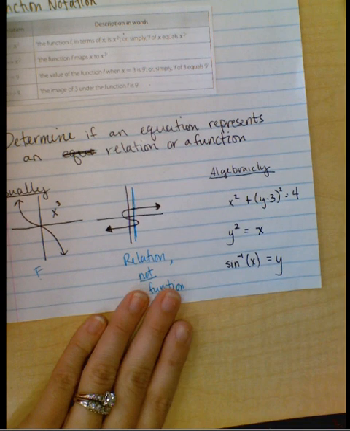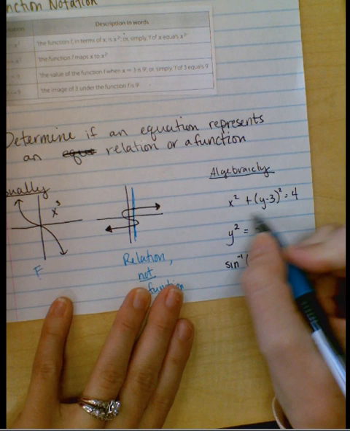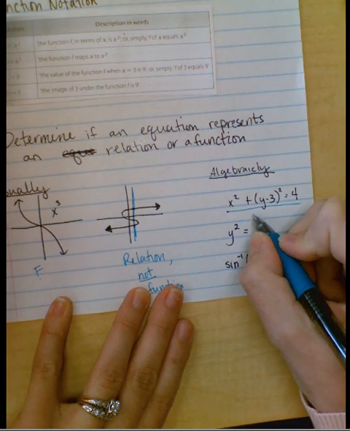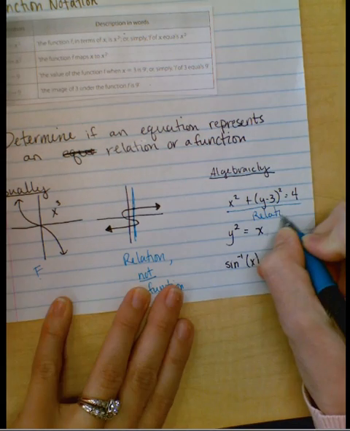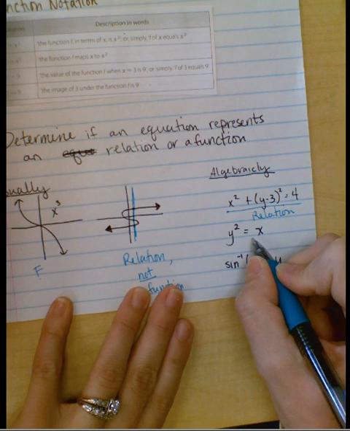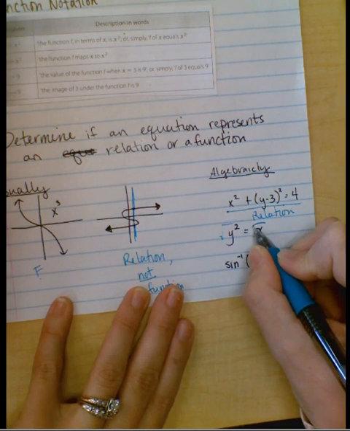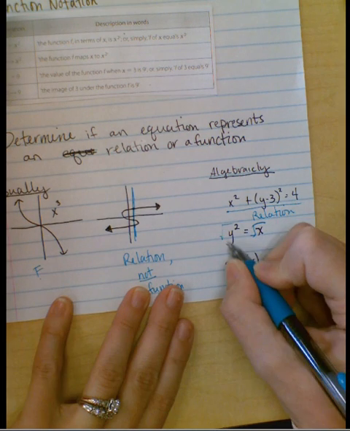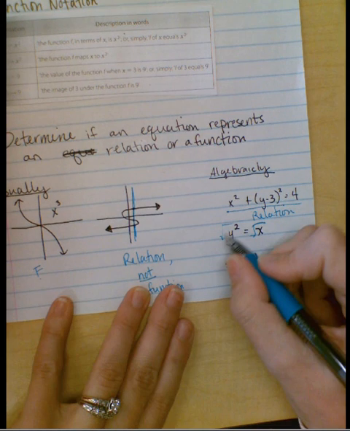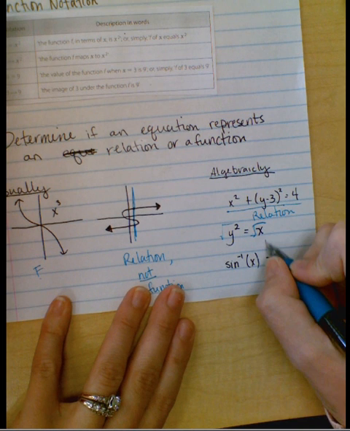Algebraically, we can recognize things to be functions or not based upon kind of what we're looking at here. So this one is the equation of a circle. Circles are never functions. So this is a relation. This one right here, y squared equals x. So if I were going to square root both sides, I would see that I got a plus or minus here, so 2 outputs. So unless you do domain restrictions on this function, it's also a relation.